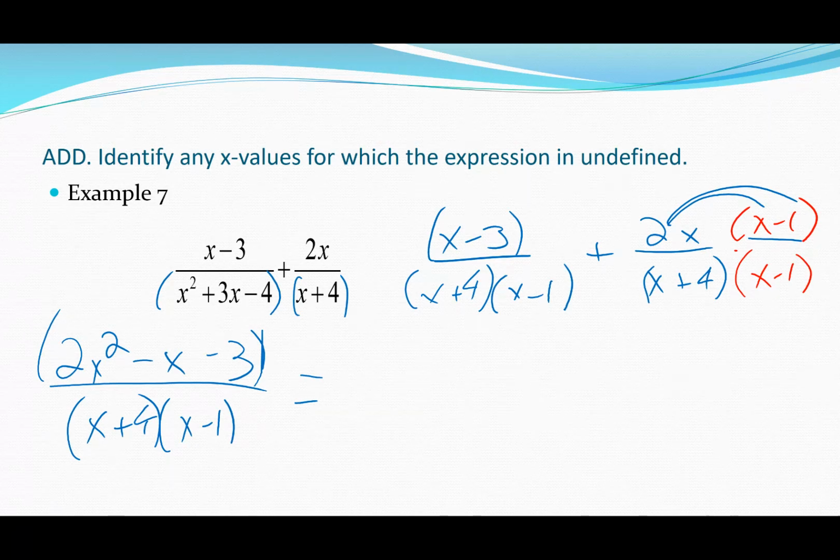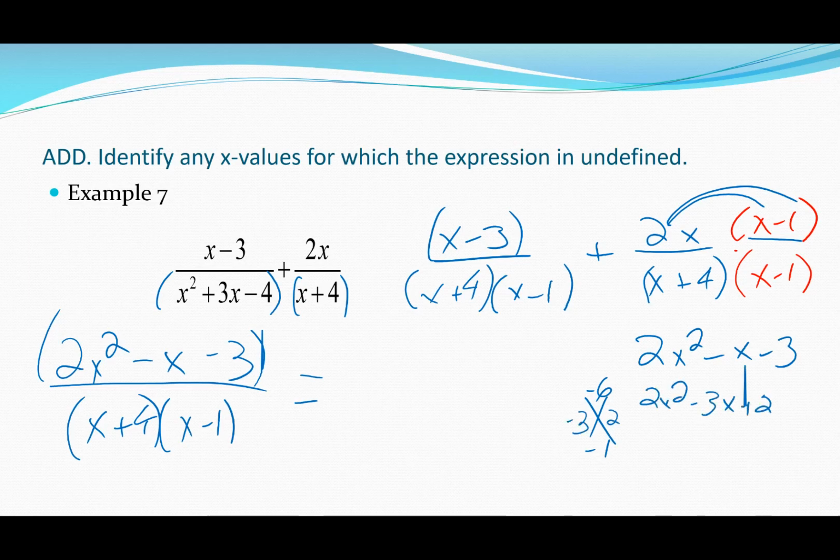So if you check and you factor this numerator, the 2x squared minus x minus 3, I'm looking for, so there's no shortcut here. I'm going to just go ahead and quickly factor this. So this would be x, 2x minus 3.